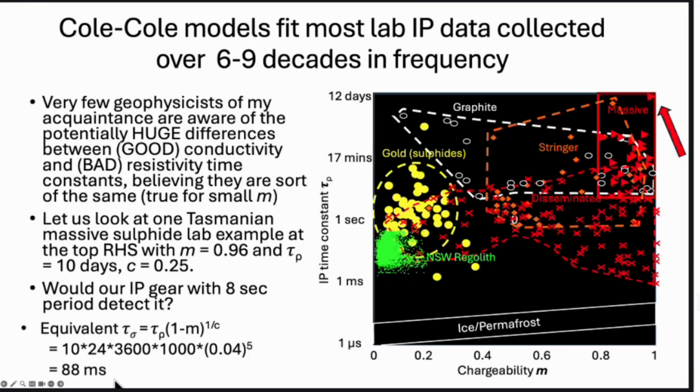We get a time constant of 88 milliseconds, which is something that an EM system might see. So this is a property depending on whether you excite things with a current or a voltage source, as I'll explain in a moment. You can either get a 10-day time constant or an 88 millisecond time constant.